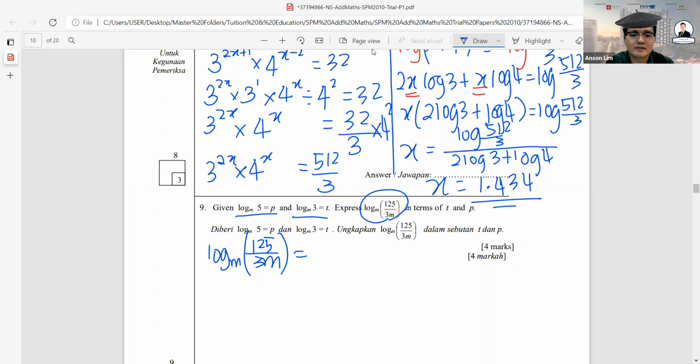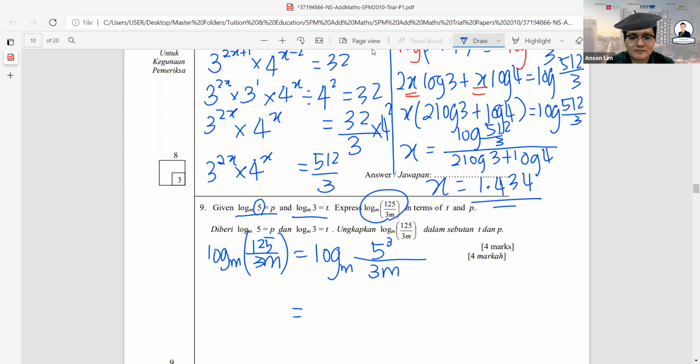Log 125 over 3m. What should I do? You ask yourself, 125 can change to 5 power of what, so that it can relate to this: 5 power 3, right? Then 3m. You just put it in here first.